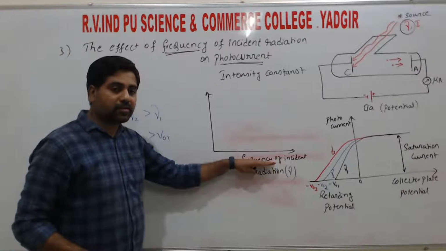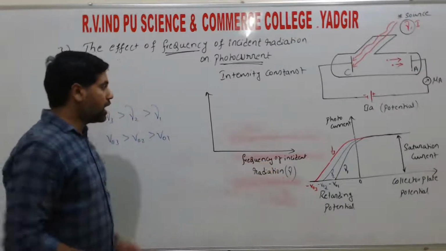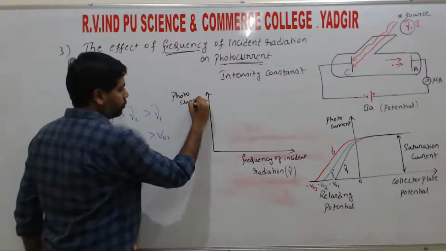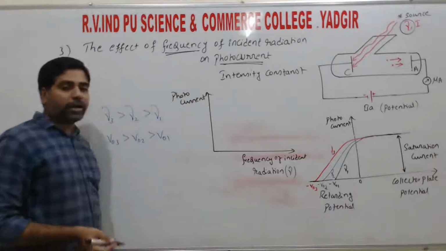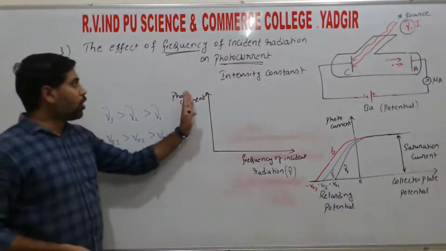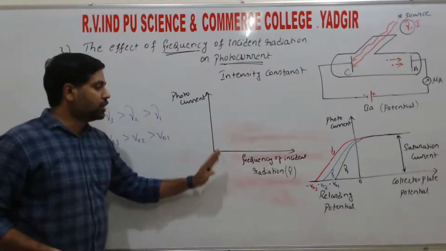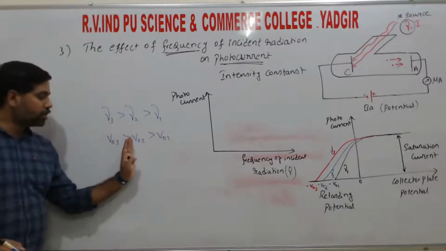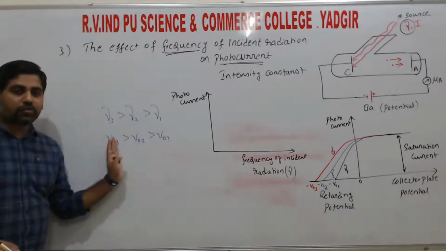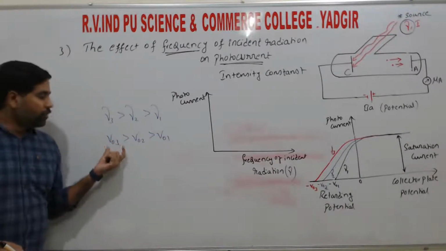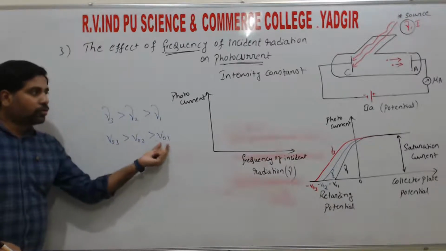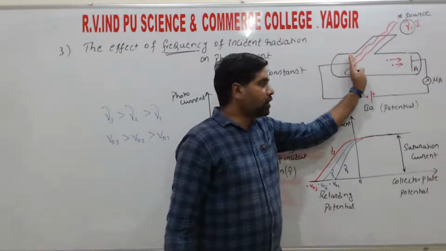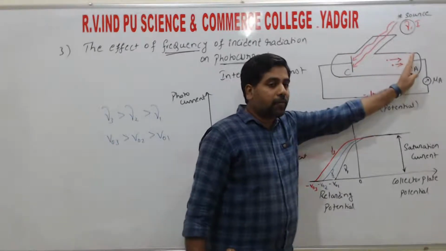We take this along the x-axis and photocurrent along the y-axis. If we plot the graph, it means that as frequency increases, the stopping potential also increases. So stopping potential has larger values to stop the electrons which are coming from the photosensitive plate to the collector plate.